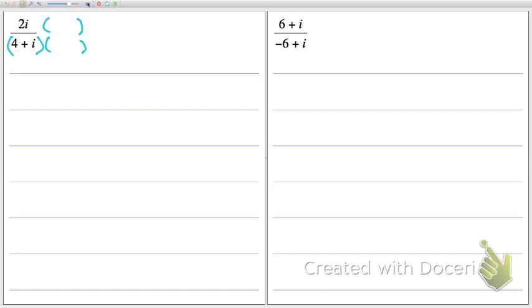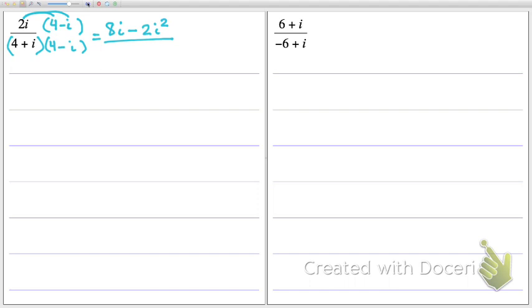So it's going to be 4 and i, but this one's positive, so this one is going to be what? Negative. The sign only changes in the middle. It gives me that difference of squares, that complex conjugate. So then I have to do 4 minus i in the numerator, correct? Okay, so I'm going to distribute the 2i in, and I get 8i minus 2i squared, correct?